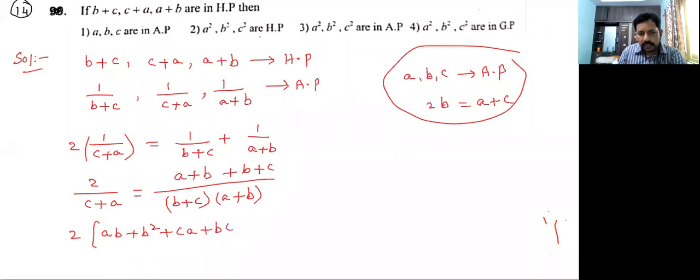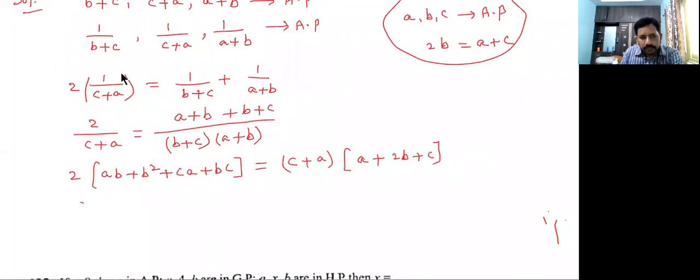I am writing BC, no problem. That is equal to, with the denominator sent to the right hand side, C plus A into A plus 2B plus C. Just multiply and calculate, you will get the answer.